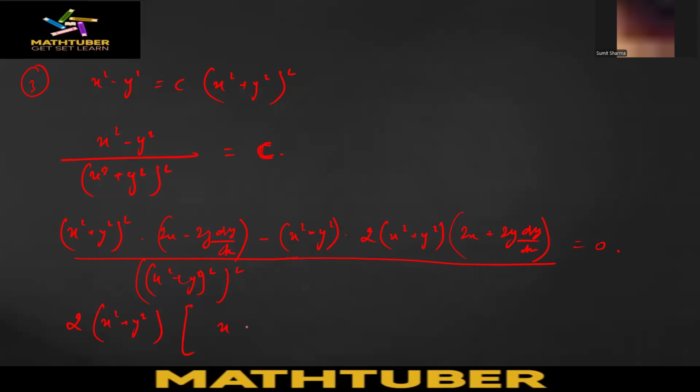You will get (x square plus y square)(x minus y dy by dx) minus (x square minus y square)(2x plus 2y dy by dx) is equal to 0. Then this 2(x square plus y square), if we take it to the right hand side, it will also become 0, right? And then we have to multiply this whole and separate dy by dx out of it.